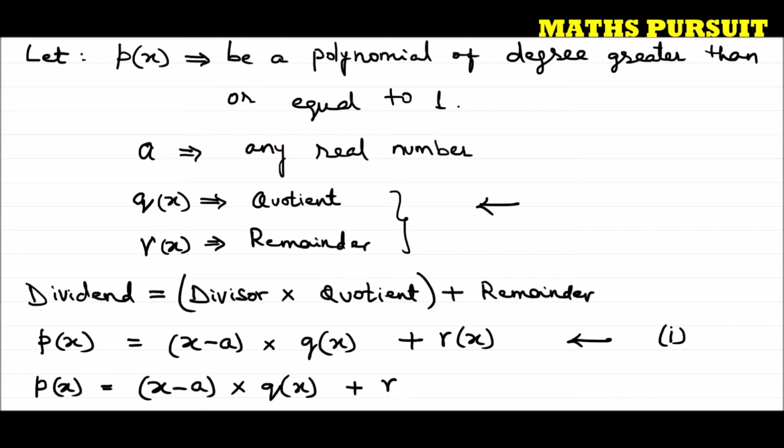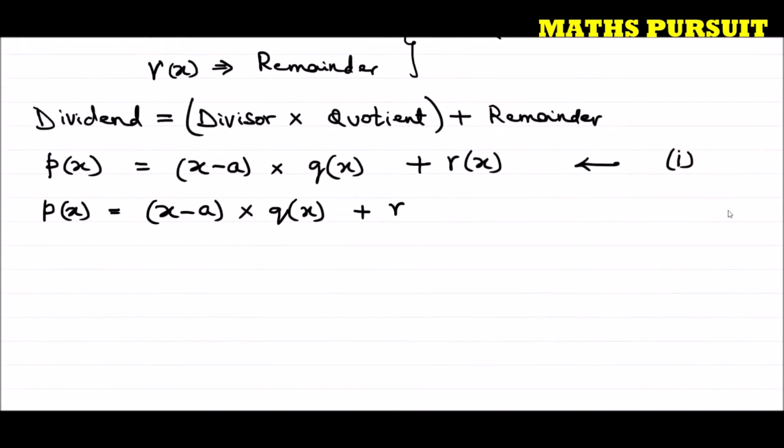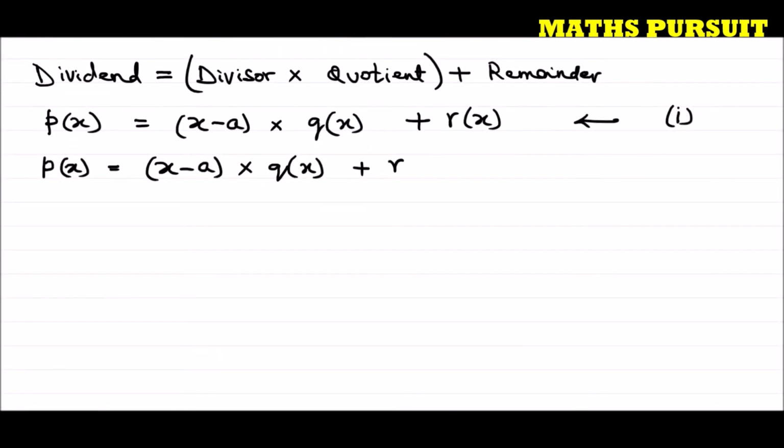We very well know that the remainder would either be 0 or less than the divisor. Now let me explain this so that it is easier to understand. If we divide 7 by 2, then 2 threes are 6, and we get the remainder as 1.